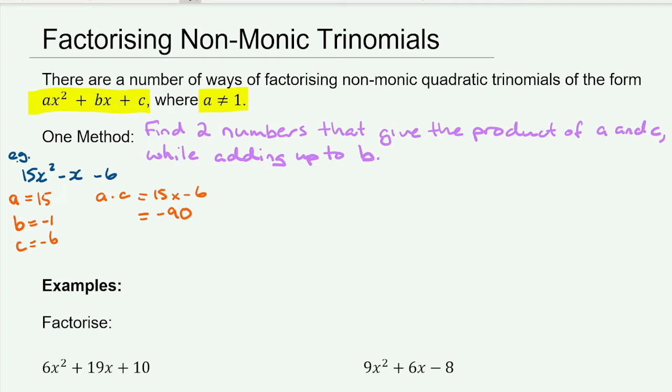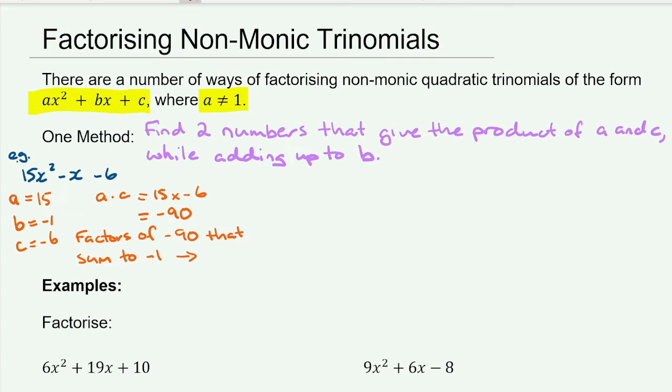So what we want is factors of minus 90 that sum to minus 1. Now we've got 15 and minus 6. Well, that's not going to work in terms of those factors. We could have 30 and 3 and one of those be negative. That's still not going to get us anywhere.